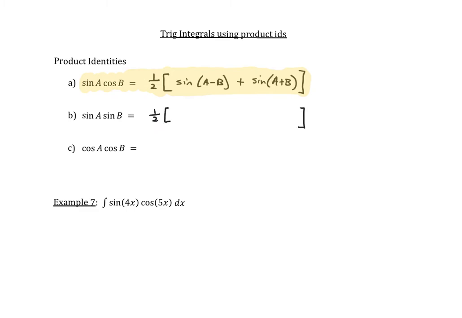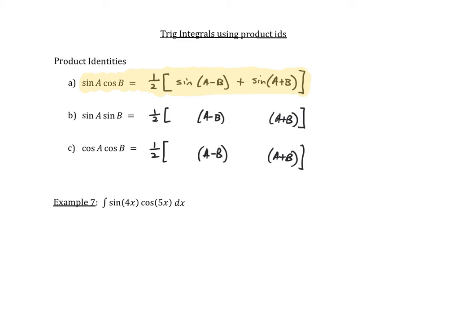And we're still going to have the angle A minus B and A plus B. And in fact, all three of these product identities have the same shape. So it's going to be 1/2 times quantity, and our angles are still going to be A minus B and A plus B. That shape remains the same for all three of these product identities.